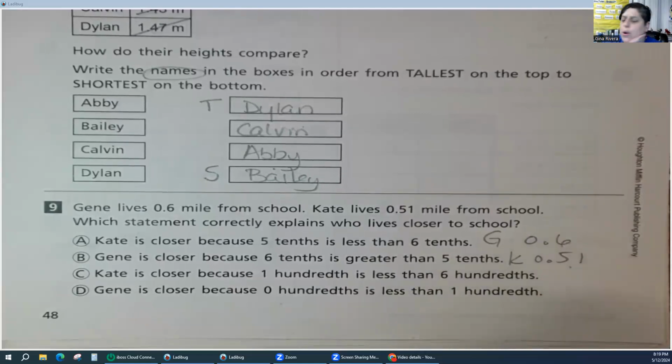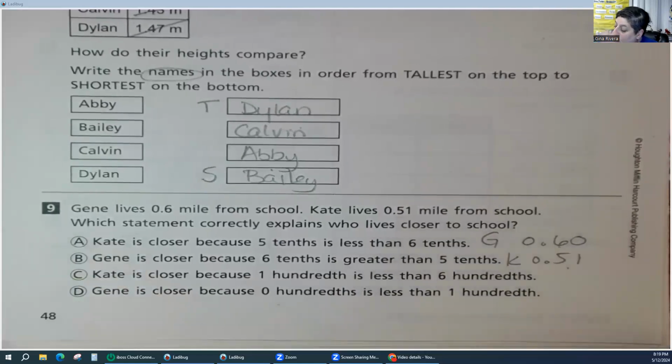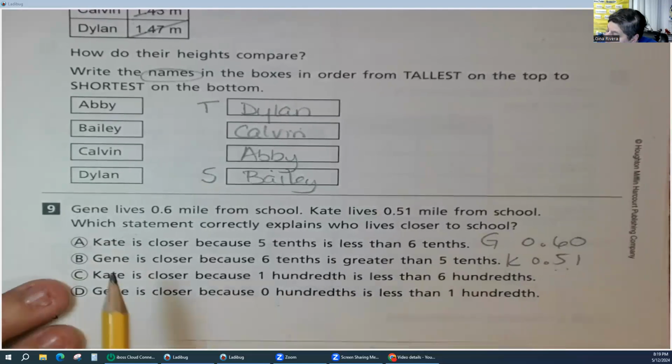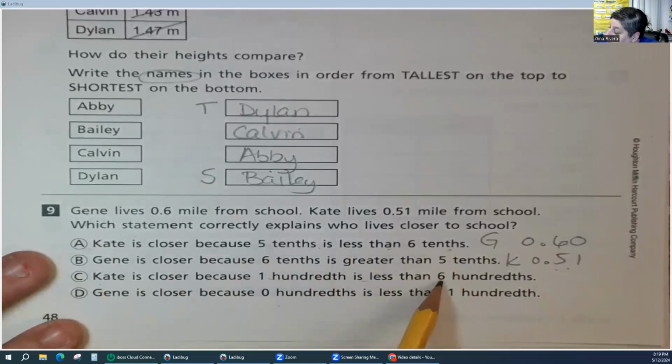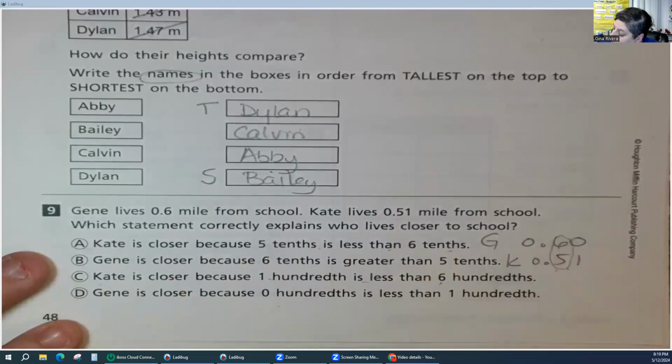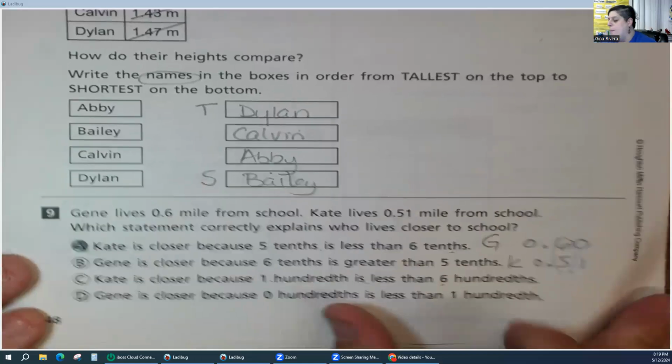But that's not true because this 0.6 is actually 0.60. So therefore, who lives closer to the school? Kate does because 51 is less than 60. So Kate, because 5/10 is less than 6/10, or Kate because 100 is less than 600. No, I'm looking at that tenths spot, okay? So my answer is A for sure, okay?